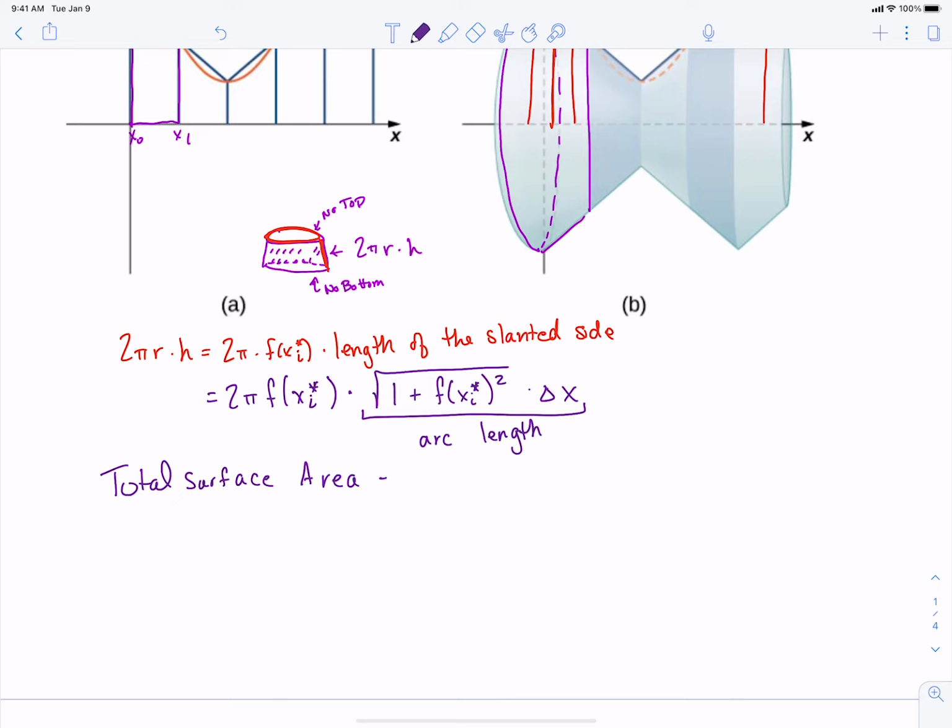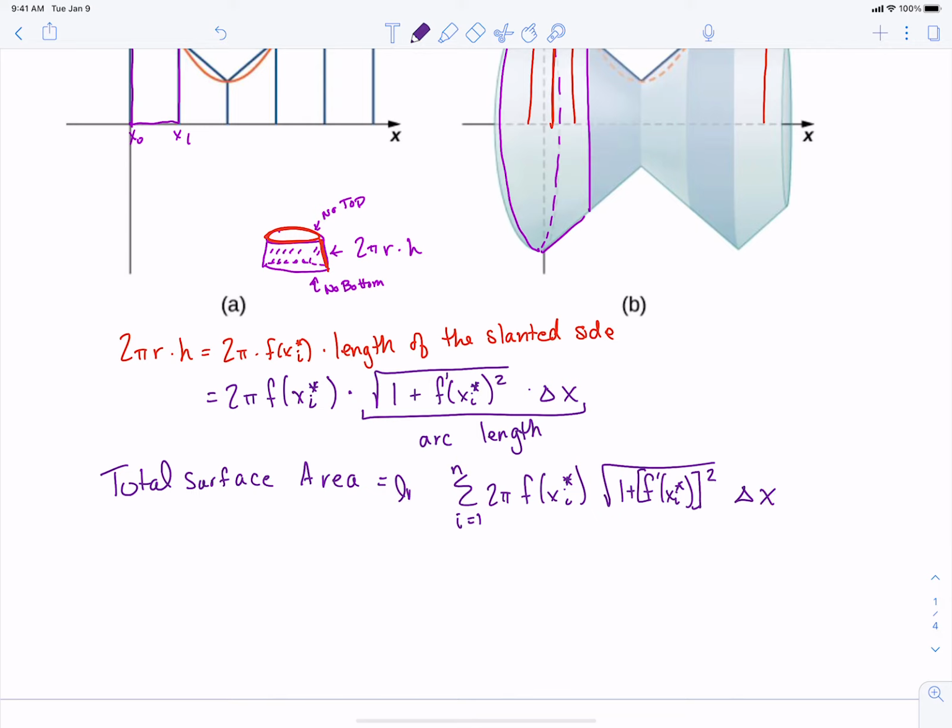Our total surface area is going to be the sum from i equals 1 to n of this 2 pi f of x sub i star, and then 1 plus f of x. Oh, derivative. I forgot the derivative. Oh my goodness. That would have been bad because we do need that for arc length. We'll put parentheses around it there and we'll get delta x.